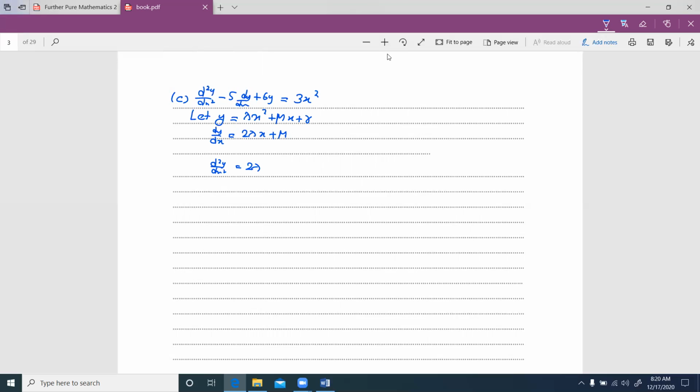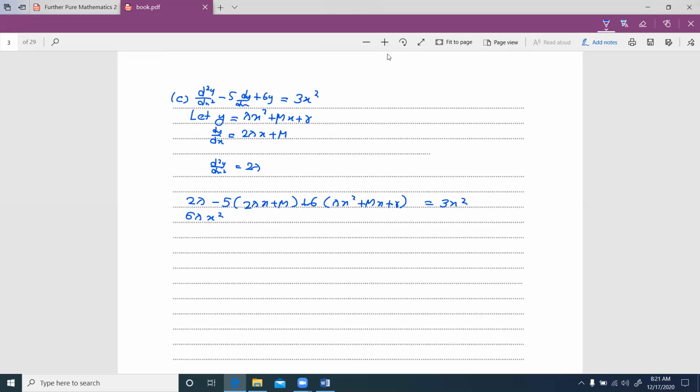Then if you substitute over here, you get 2 lambda minus 5 times of 2 lambda x plus mu plus 6 times of y. Y becomes lambda x squared plus mu x plus gamma, is equals to 3x squared. Then if I expand this bracket, it will turn out to be 6 lambda x squared.